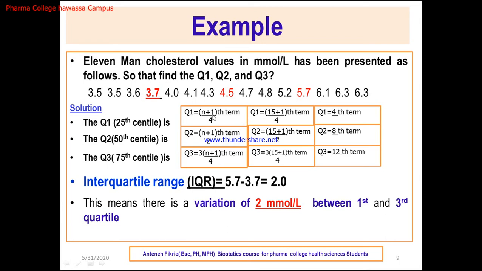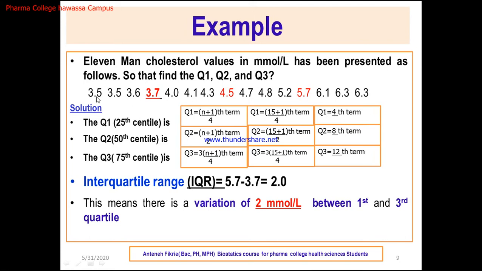Let's substitute n, which is 15, when we count the total set. So 15 plus 1 is 16. 16 divided by 4 is 4. So Q1 is the fourth term. So what is the fourth term?